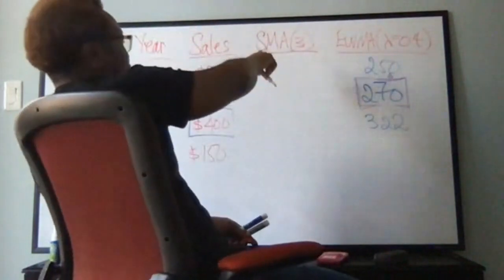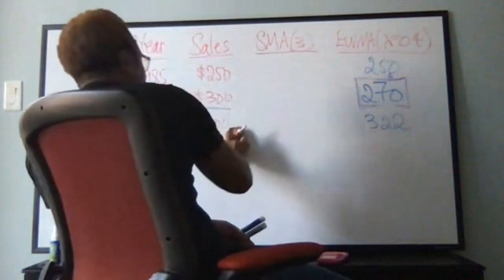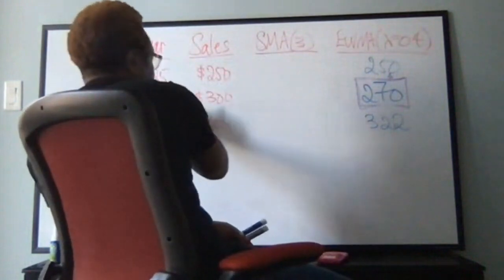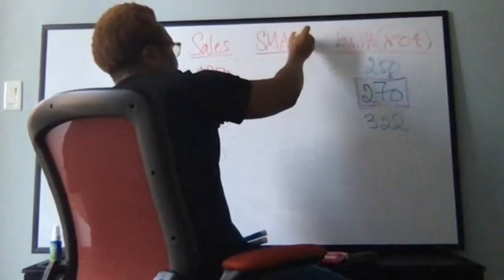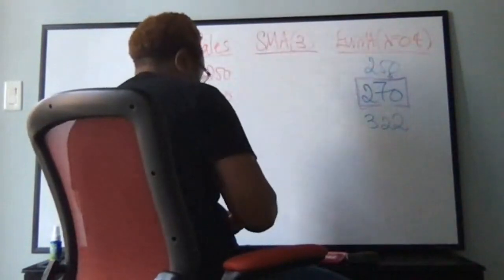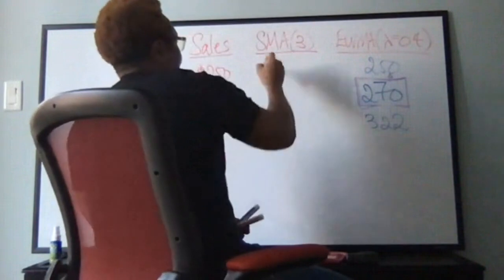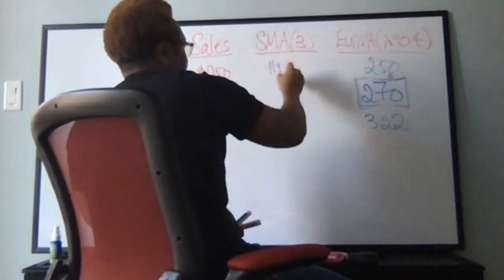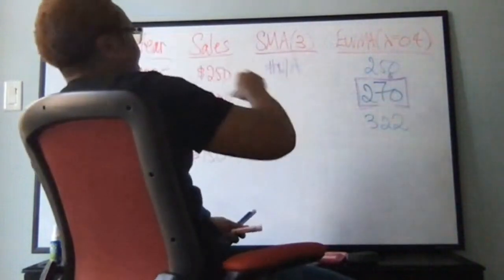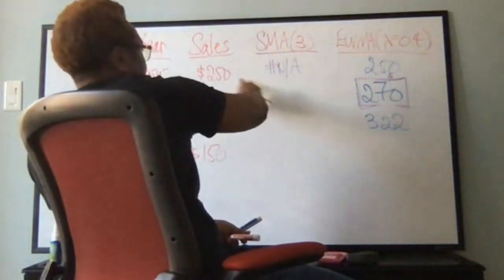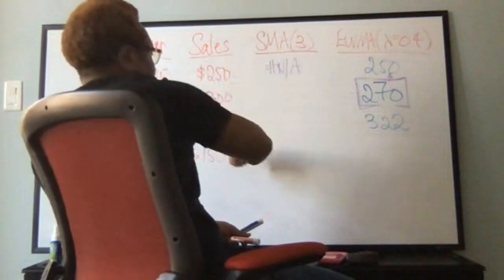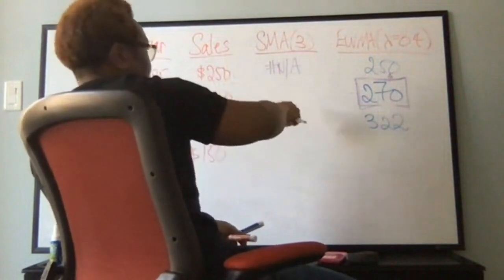Now this acts just like a WMA in terms of the window size. So the window size is still 3 here. But this first answer is still going to be NA for the same reason as before, because I'm going to be plotting what the answer right here is going to be based on these first three right here. It's going to be in the middle of the window.